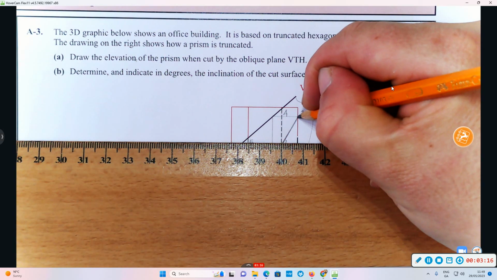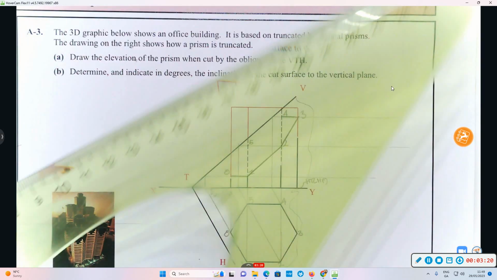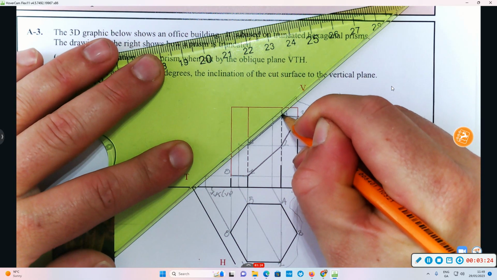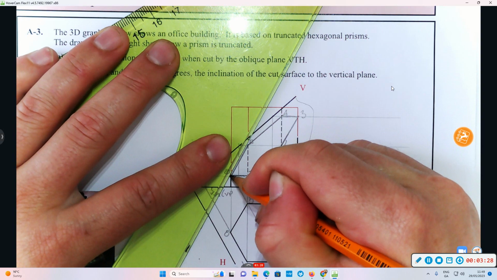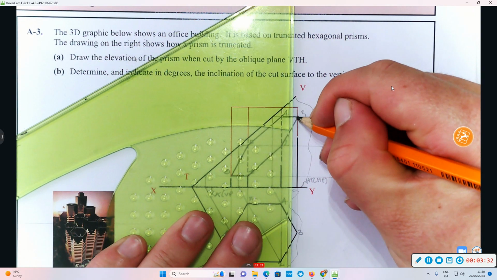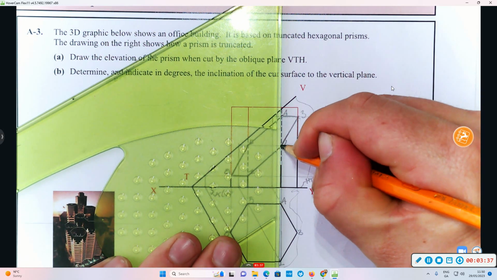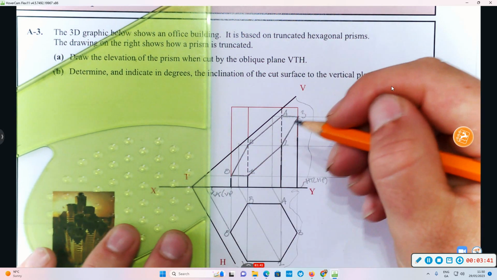And 3 joins to 4. 4 joins to 5. Okay, and 5 joins to 0. Okay, and then I can continue to my heavy lines in elevation. And heavy up to 2 there, and up to 0.